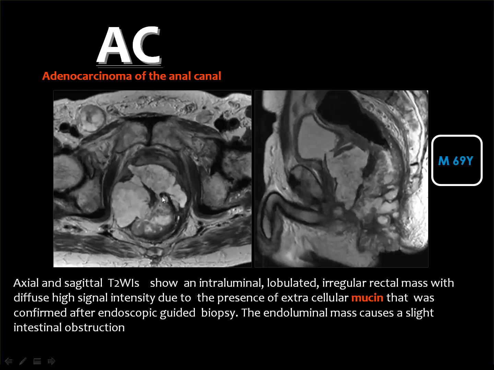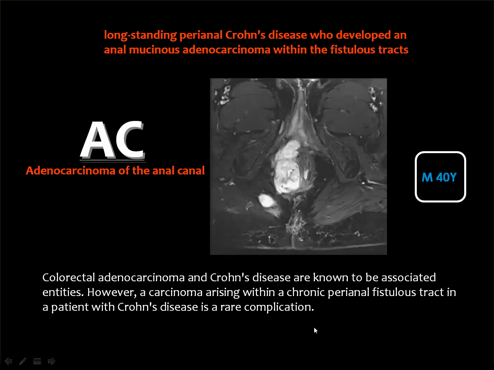Another example shows a high signal cauliflower mass in the anal area, reaching the anal verge and extending deep to the lower part of the rectum, indicating that this is a mucinous adenocarcinoma.